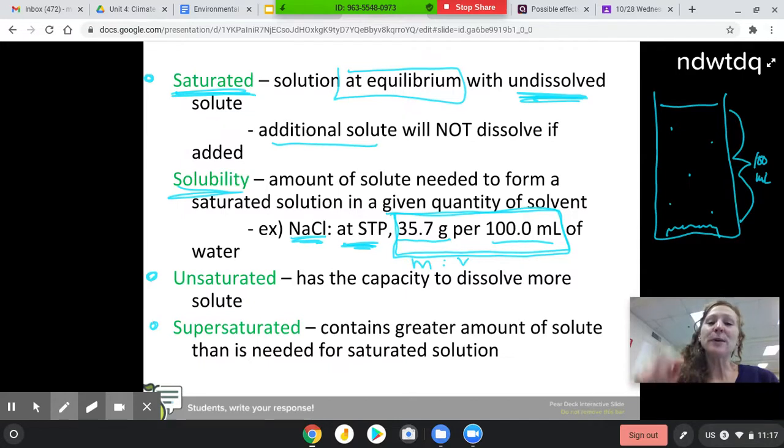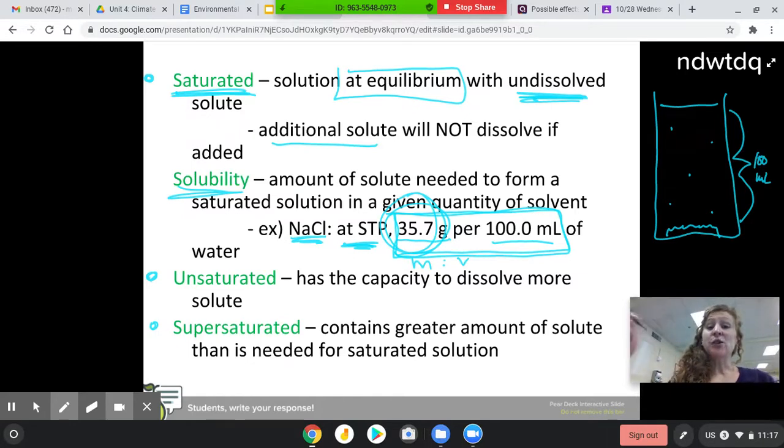So a supersaturated solution means that it contains a greater amount of solute than is needed for saturation. So let's say we're trying to make salt water and we have dissolved 35.7 grams into our cup.